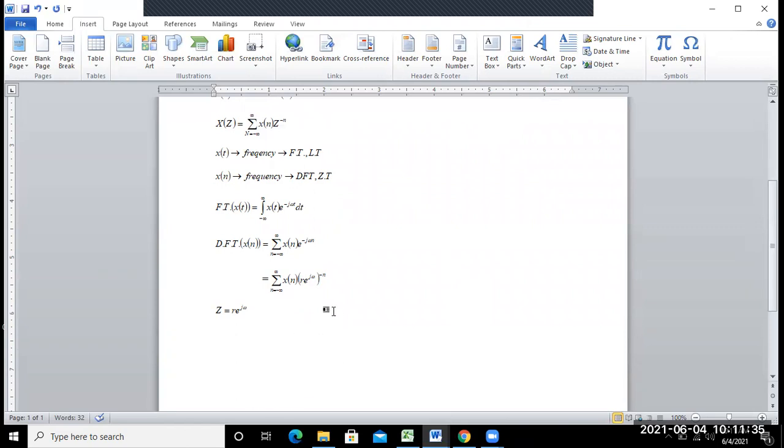So the discrete Fourier transform of x[n] is equal to the summation of n equal to minus infinity to infinity of x[n] e to the power minus j omega n. Now we put the value of z, that is r into e to the power j omega, in this equation.